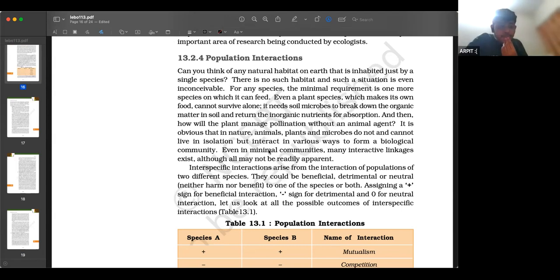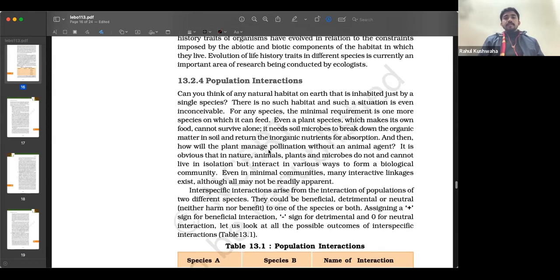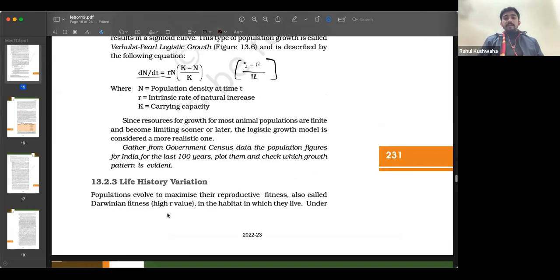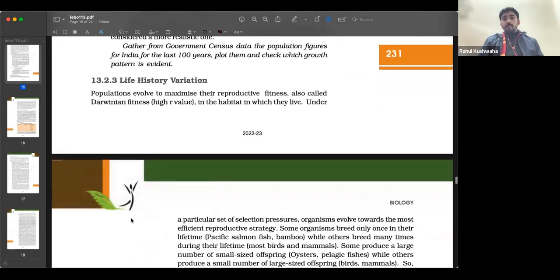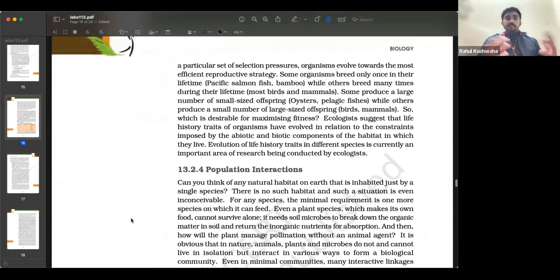What we also learned is that populations have a varied life history variation. So some populations decide to leave lots of progenies which are small sized. Some populations choose to leave less progenies but are big sized. Because this has evolved because of constraints imposed by abiotic and biotic components.